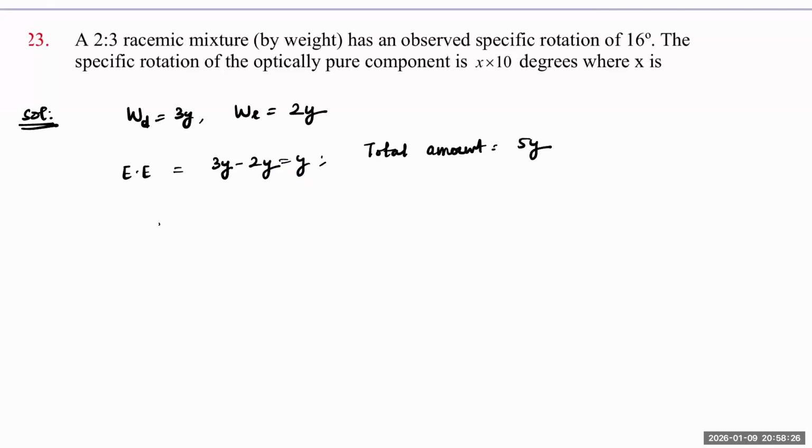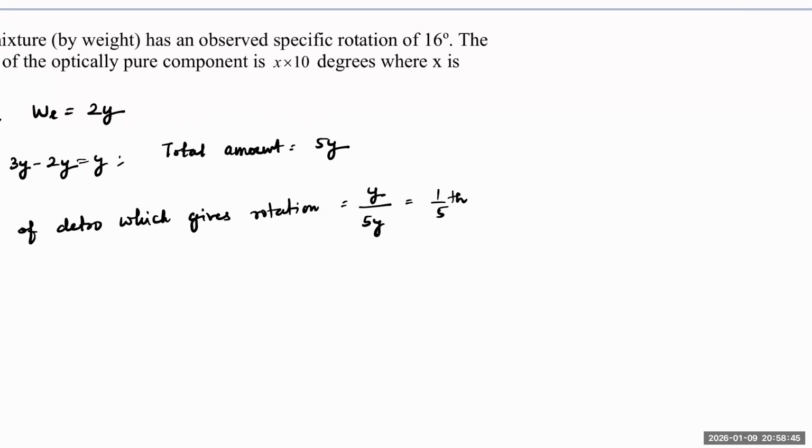So the part of dextro which gives rotation is y divided by 5y. 1/5 of the dextro part is giving the rotation of 16 degrees.